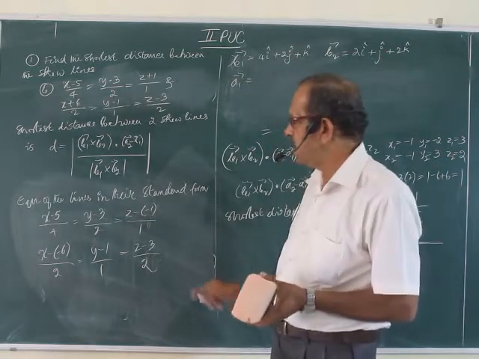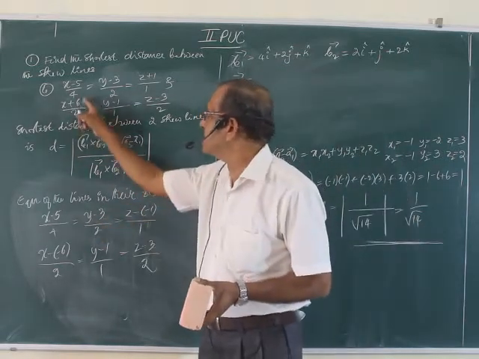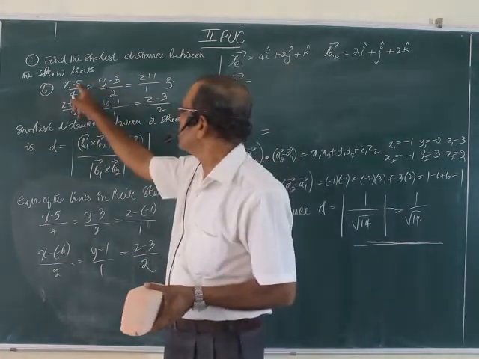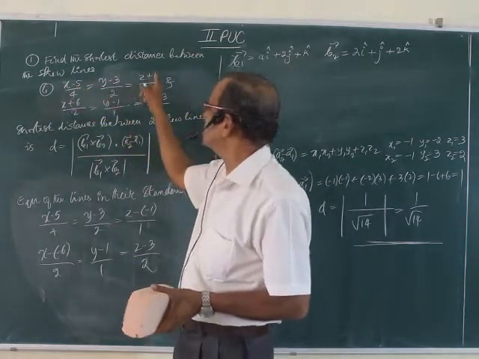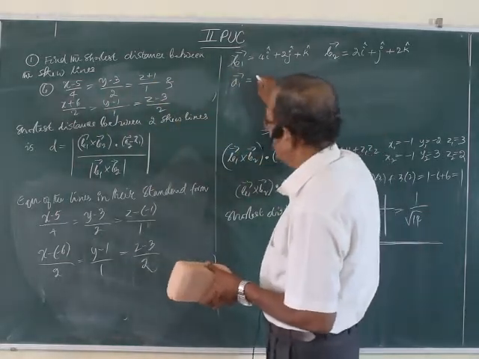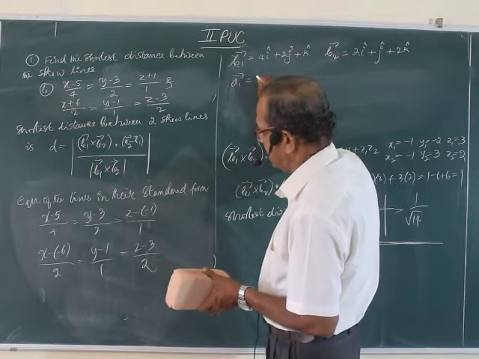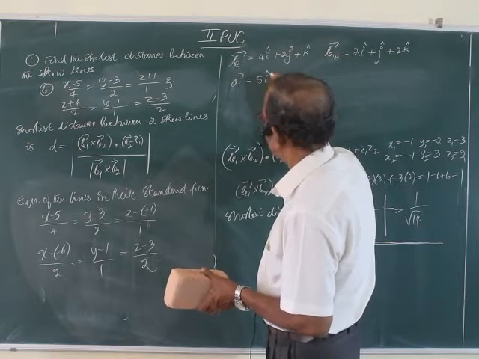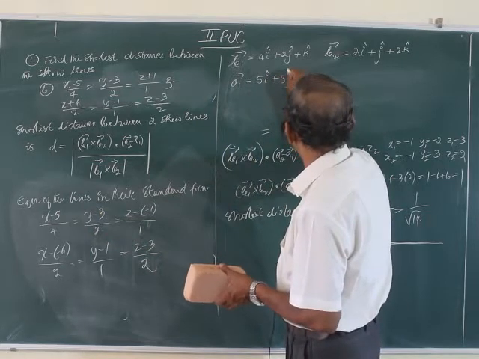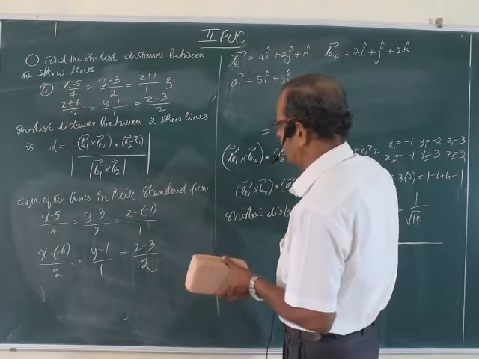A1 is, remember, that is why I have written this in the standard form. A1 is x1i plus y1j plus z1k, so let me write straight away, 5i plus 3j minus k.